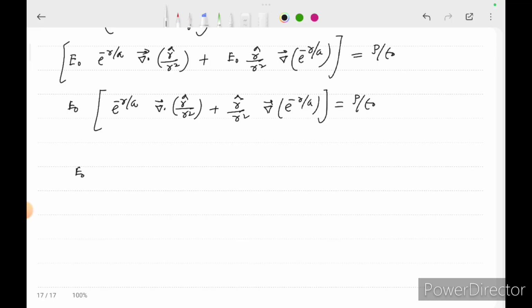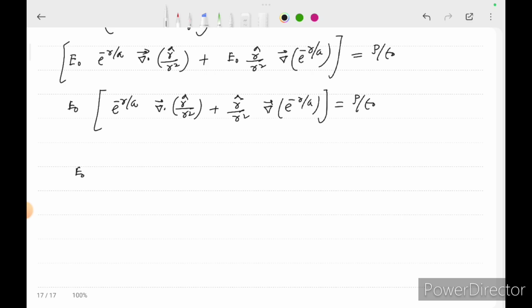Those who were following my lectures from lecture number 1 to lecture number 6 already know the exact form of the divergence of r cap upon r square and why it is a delta function. I have already discussed it in the previous videos.